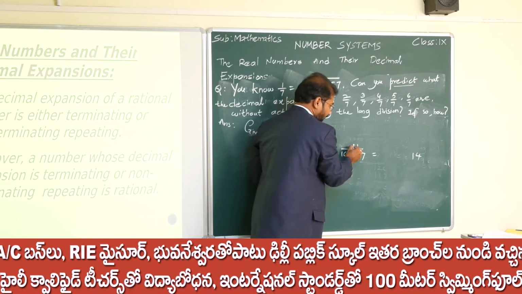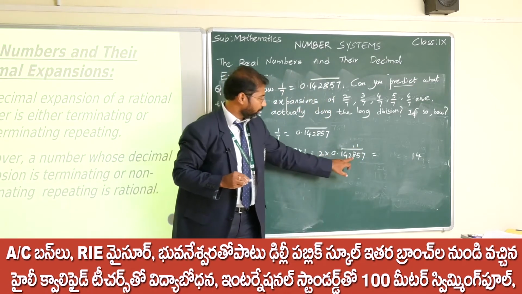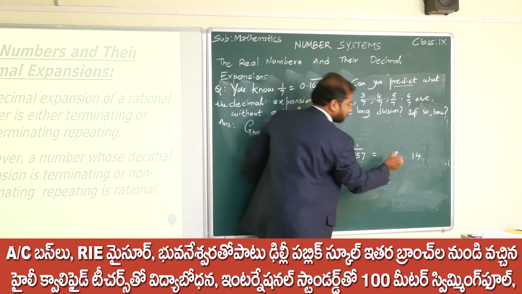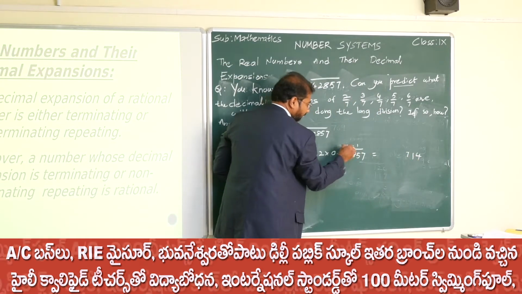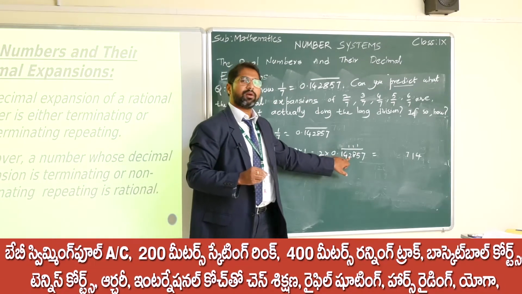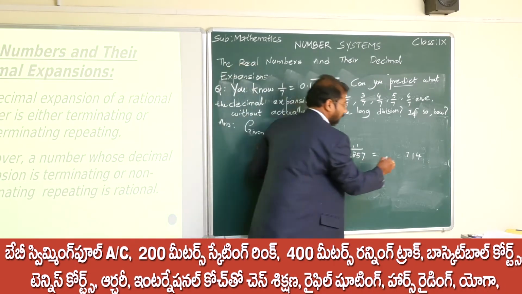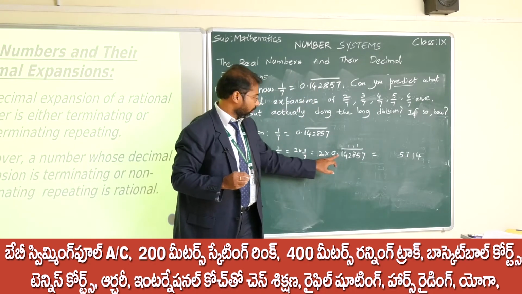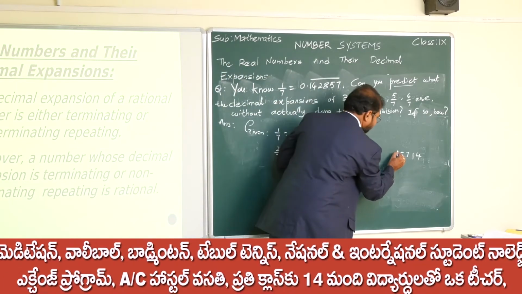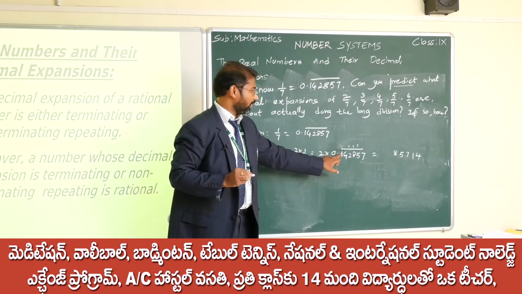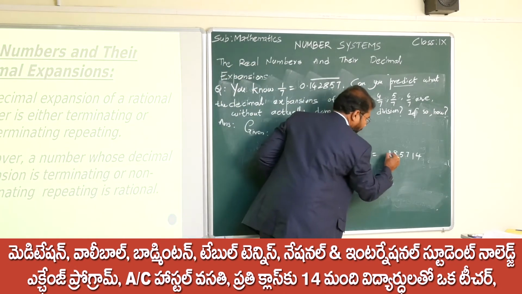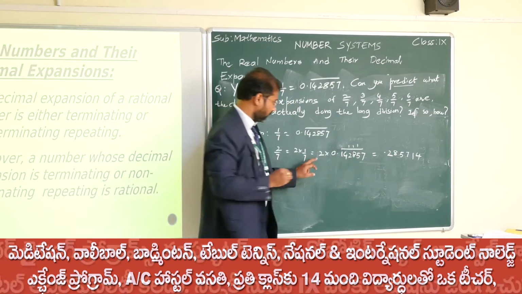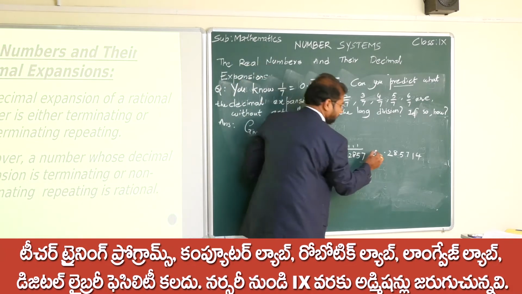Write 1 here. 1 carry here. 2 8s are 16. 16 plus 1 is 17. So write 7 here. And 1 is carry forward. 2 2s are 4. 4 plus 1 is 5. No carry. Then 2 4s are 8. 2 1s are 2. Then you can see the decimal point. Write the decimal point. 2 zeros are 0.